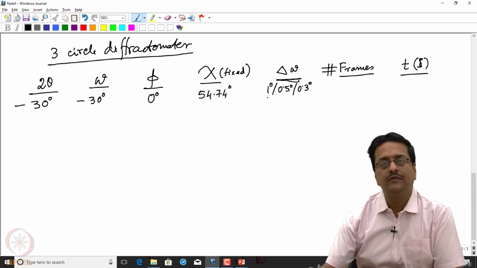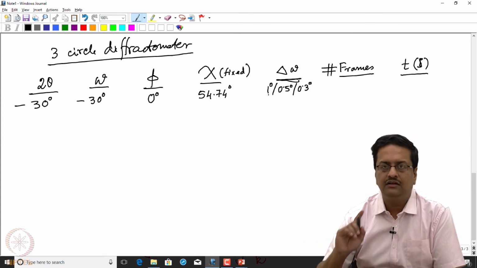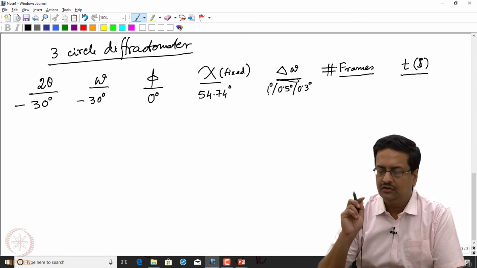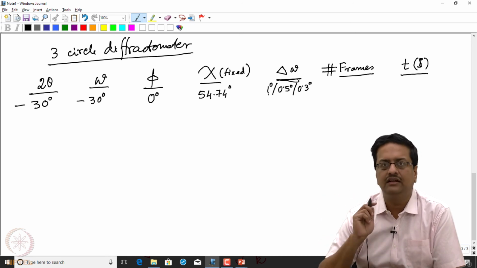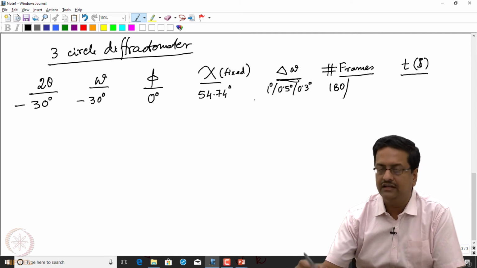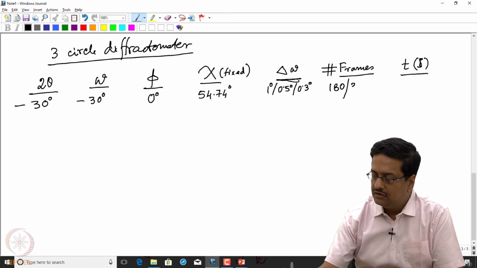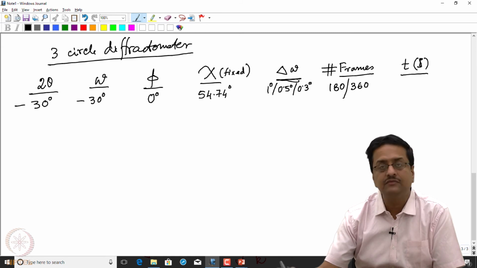So, if we move omega by 1 degree for every image to be recorded, and if we want to have a 180 degree rotation of omega with steps of 1 degree width, then I would need to record 180 frames. If it is 0.5 degree width, then I would need 360 such frames.